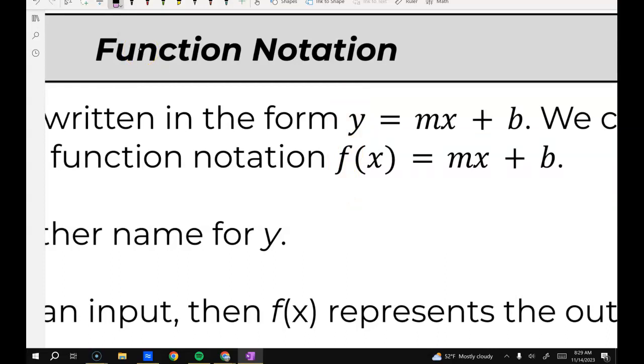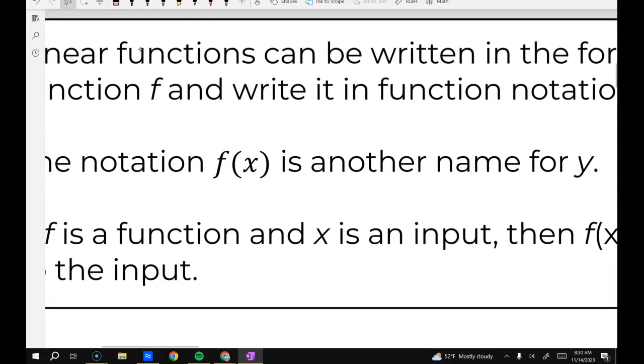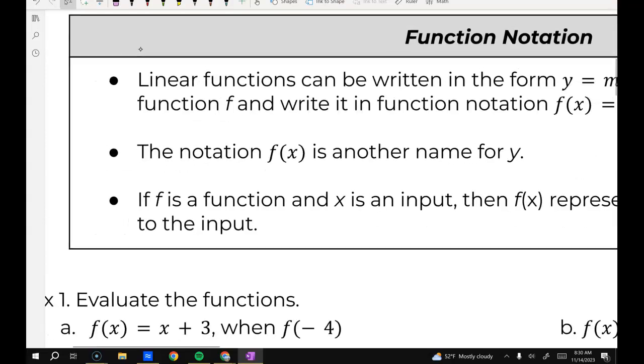It means the same thing as just having y there, but as you'll see as we go through this unit, writing this in this specific notation, f of x, has some advantages. That's the point I was trying to get across in the second bullet point, that the notation f parentheses x, and if you're trying to put it into English, we say f of x, and I would have all of you write that down.